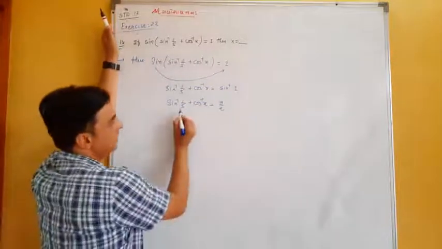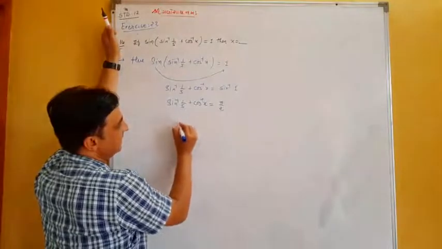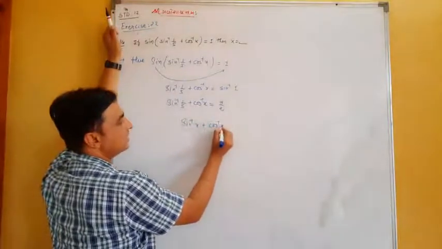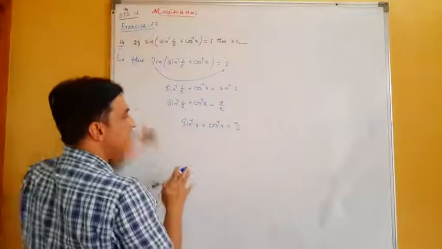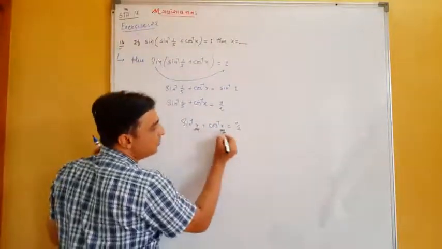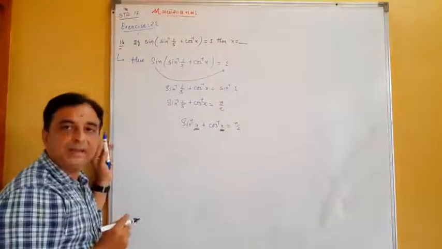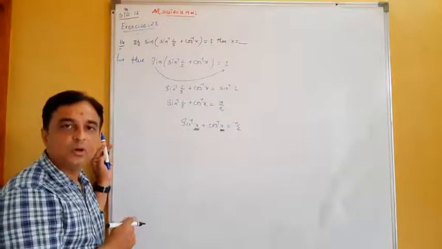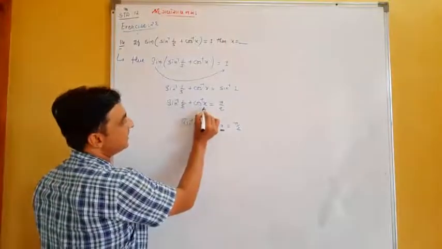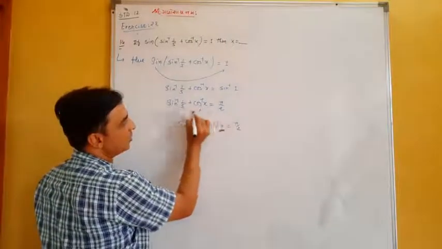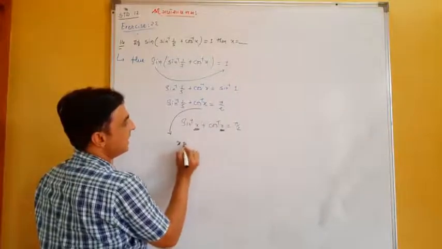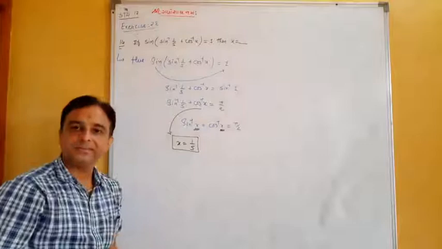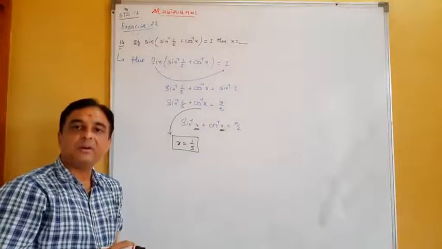Now, we know that sin inverse x plus cos inverse x equals pi by 2. That means these two must be the same for sin and cos, then and only then the sum is equal to pi by 2. That means x is 1 by 5, nothing else. It is important for an MCQ.